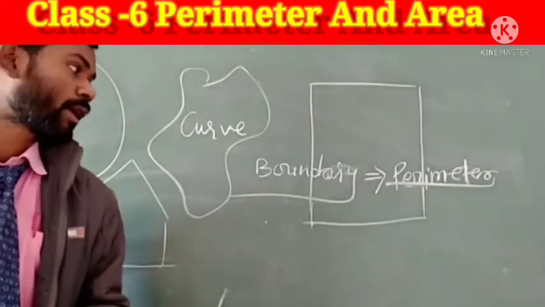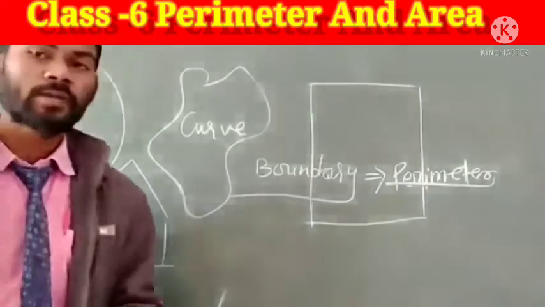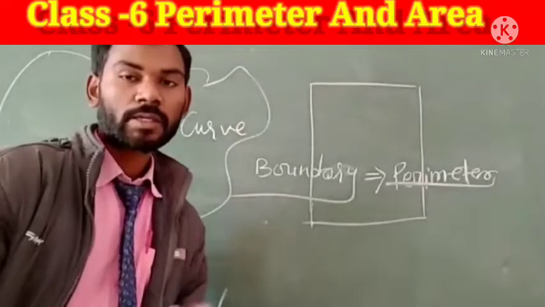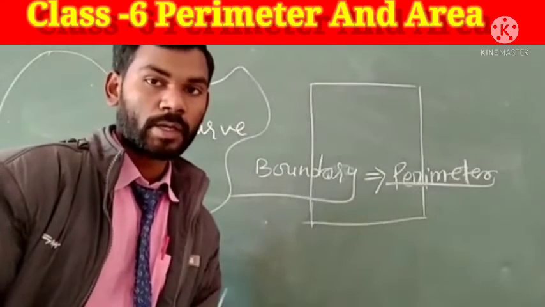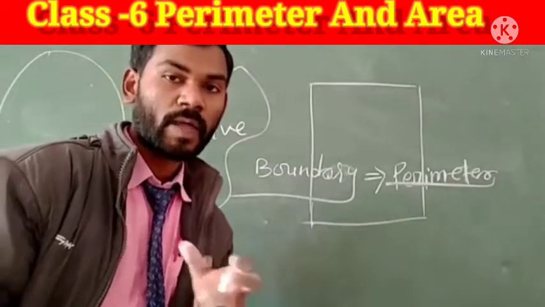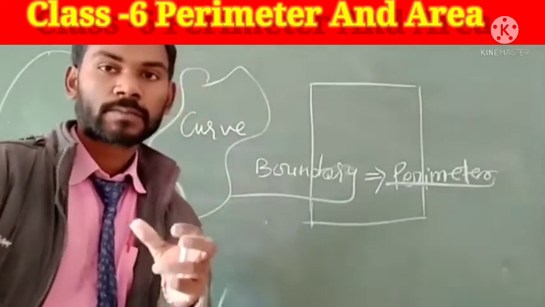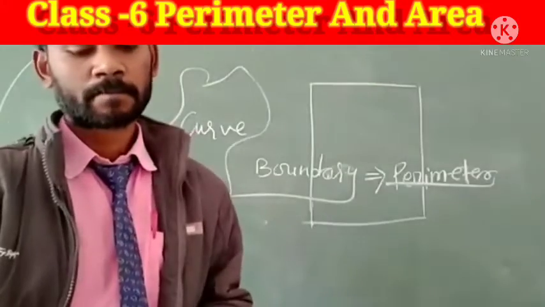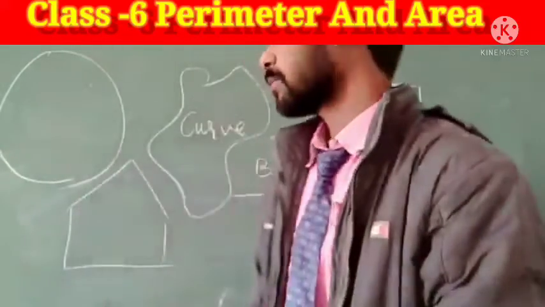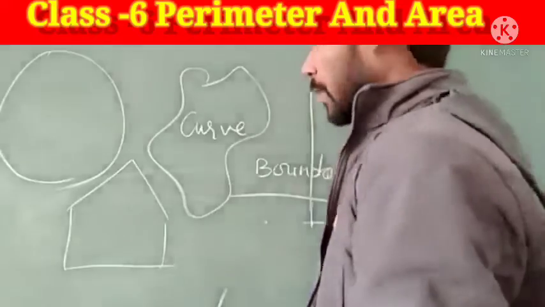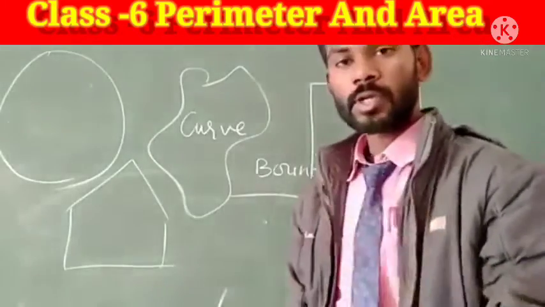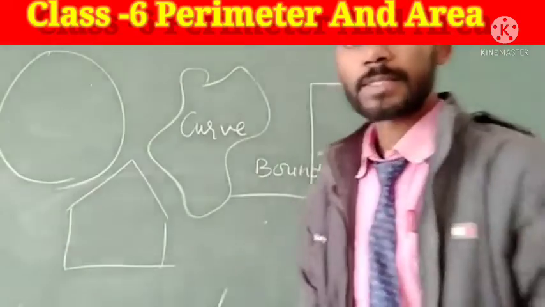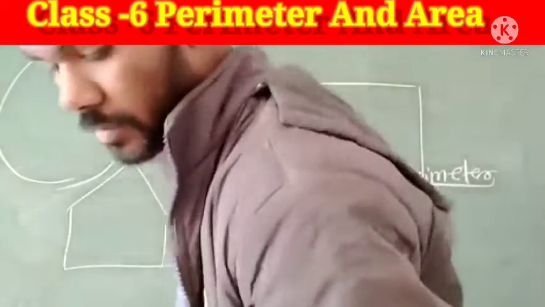Whenever we know the value, the total length of the boundary, it is called perimeter. Okay, so from this we can define: the total length of the boundary of a closed figure is called perimeter.